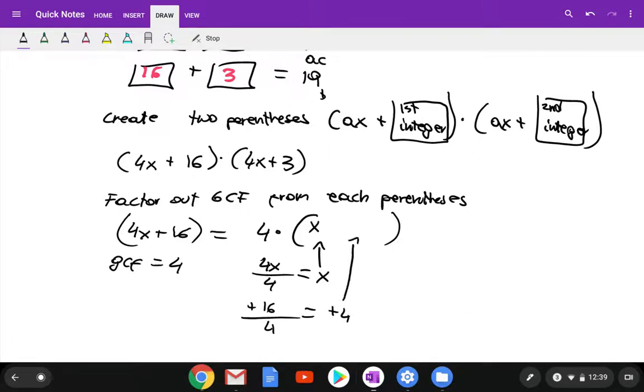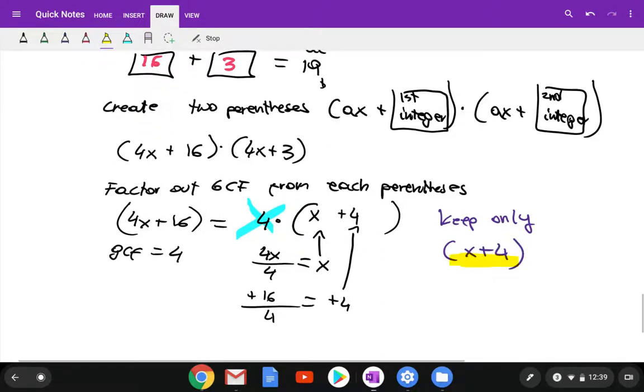That's what goes to the second parenthesis. Okay, and the AC method algorithm tells you that you're going to skip that GCF, so we're going to ignore it. So only keep what you have in the parenthesis, which is x plus 4. Okay, so that's what we're going to keep.